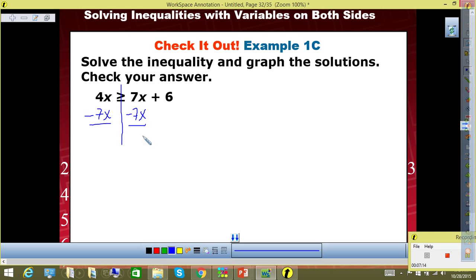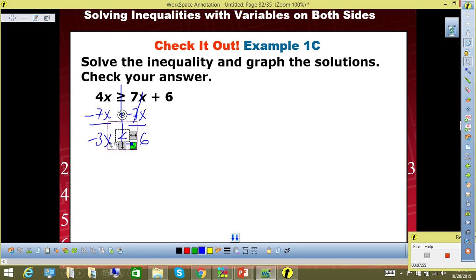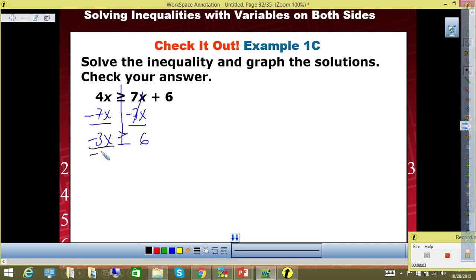Sorry. Go ahead, Leilani. Continue. Less than or equal to 6. Did we multiply or divide by a negative? No, so therefore the sign stays the same. You see what I'm saying? We only switch it when we multiply or divide by a negative. So continue. By negative 3. And we're left with?